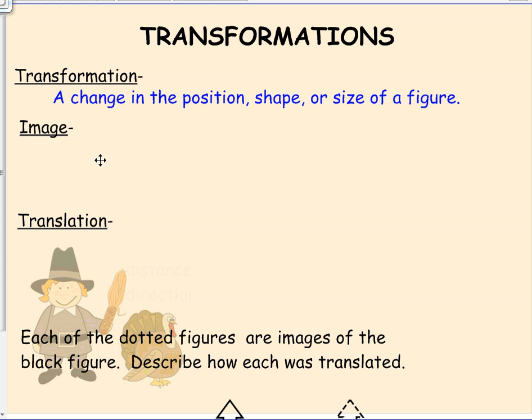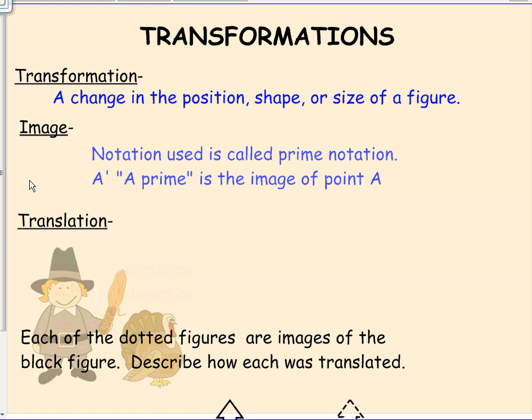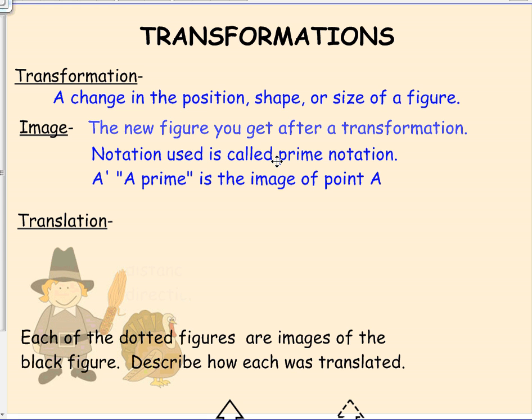All right. Another vocab word we're going to be going over today is image. Notation used is called prime notation. A prime is the image of the point A. So a lot of times it's the new figure you get after the transformation.